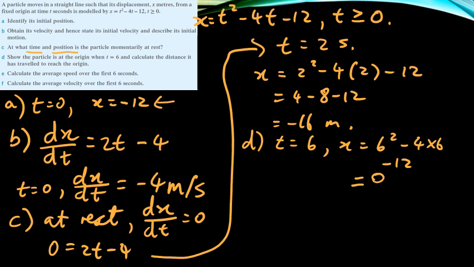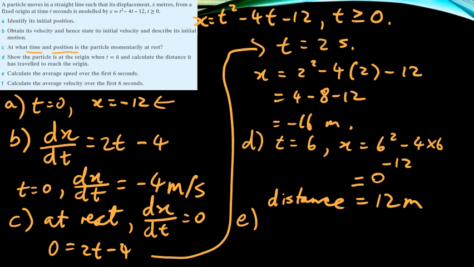Luckily, we've already calculated our starting point to the end. So our distance. Now remember, distance doesn't matter which way you go. If you're going from negative to positive, it's the same as you going from positive to negative. We moved 12 meters. E, calculate the average speed.